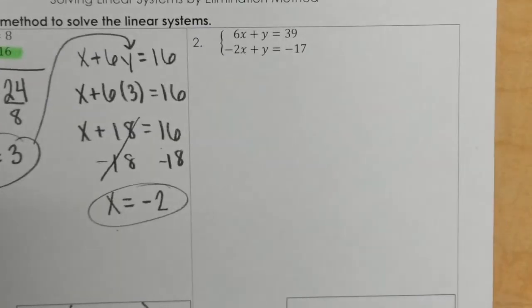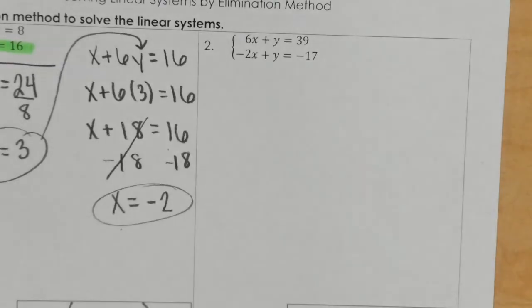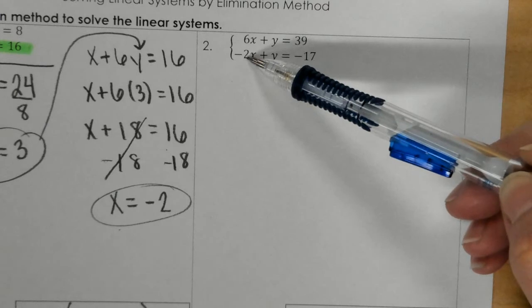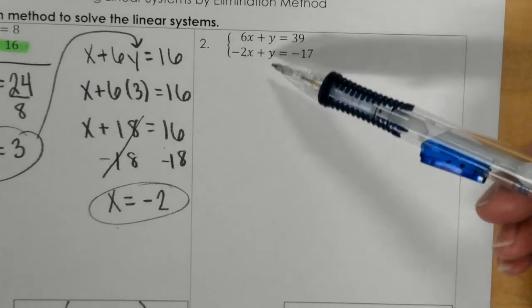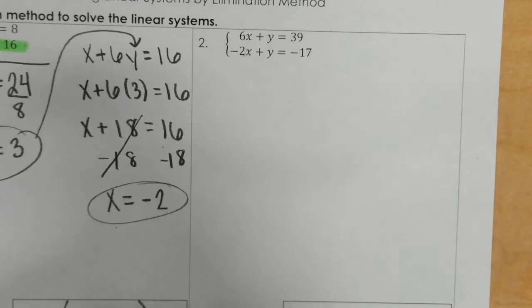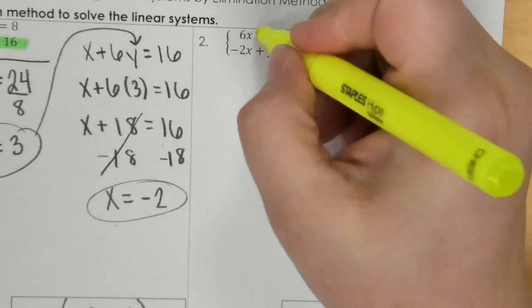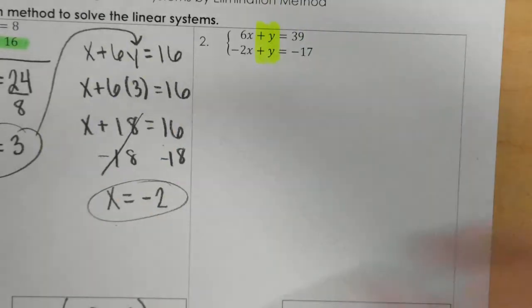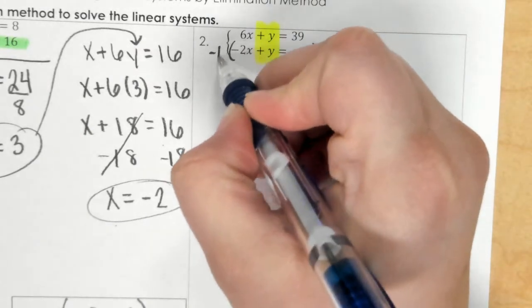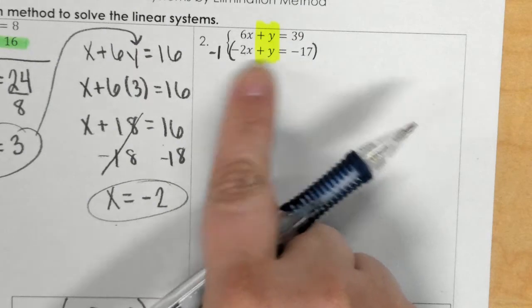Okay, in number 2, I do not have opposites. So I need to decide what I want to make opposite. And here I can make that a negative 6. But I think it would be easier just to make one of these negative. So I'm going to look at my y's. And I'm going to use the second equation and multiply by negative 1 to get rid of these other negatives.